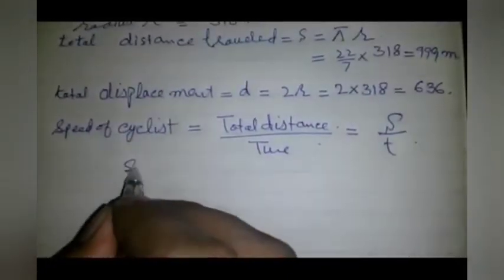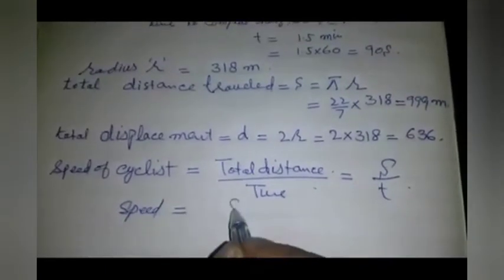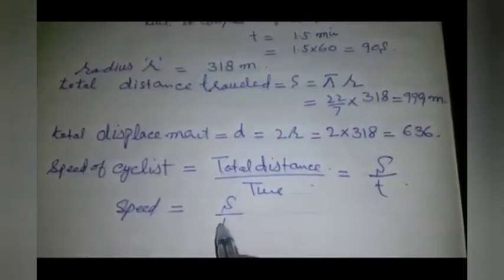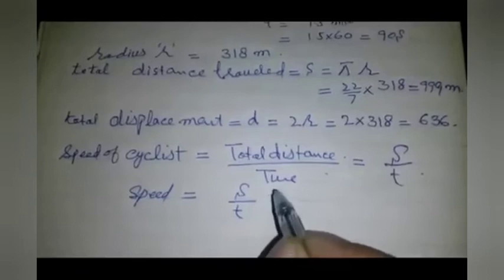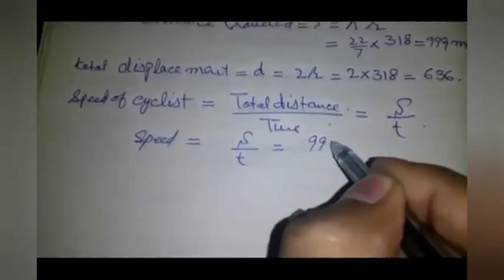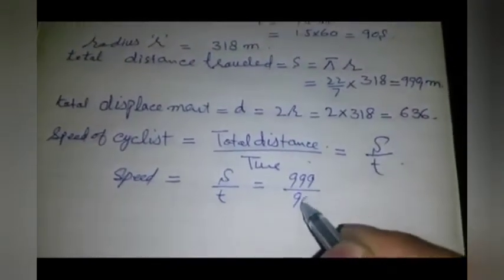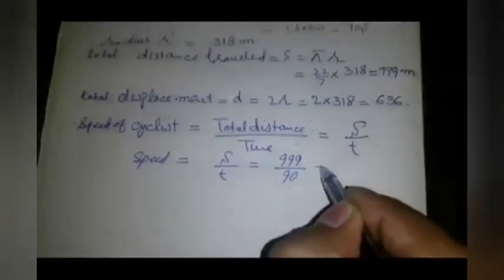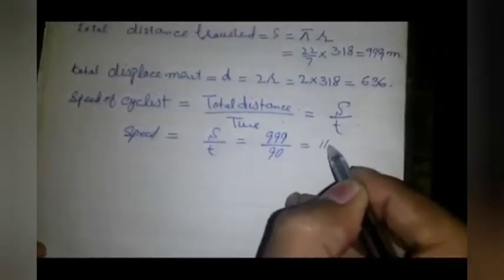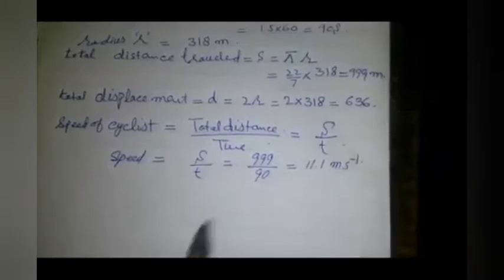Now speed is equal to s over t, where s is the total distance 999 over time 90 seconds, which is equal to 11.1 meter per second.